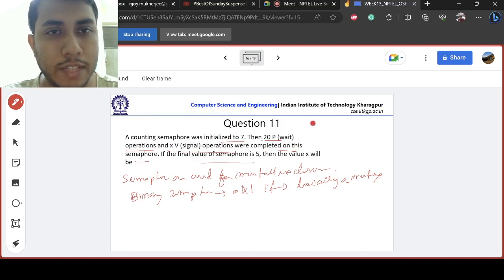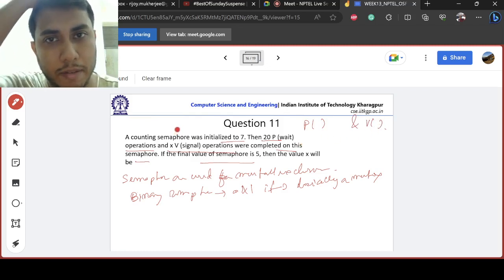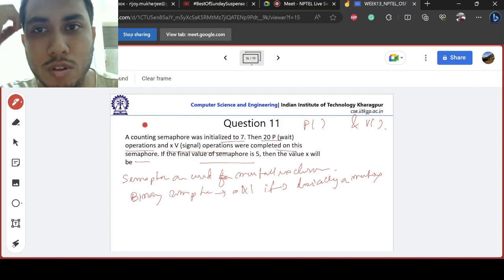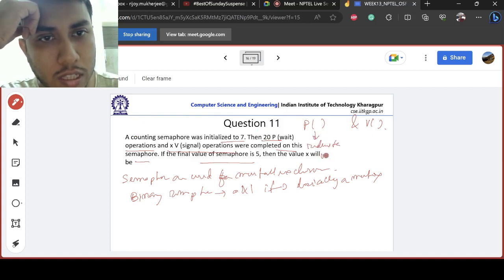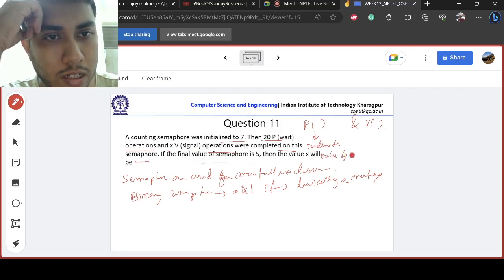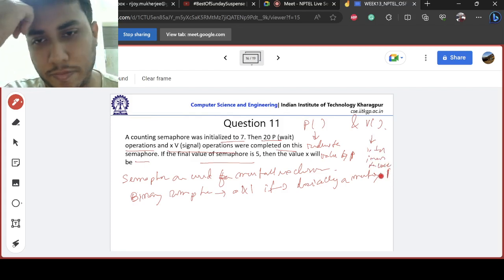It gives us two operators, P and V. Initially a binary semaphore is initialized to 0. So what does P do? P will reduce the value by 1, and what will V do? It will increase the value by 1.